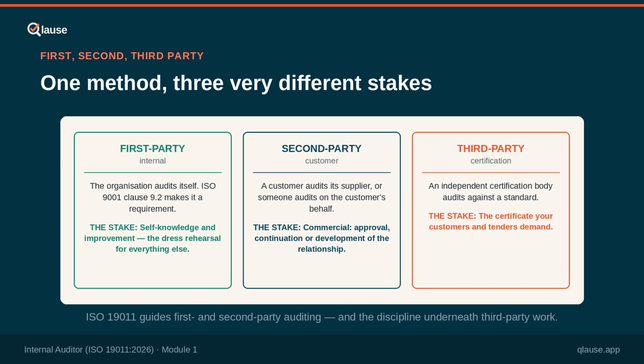A third-party audit is an independent certification body auditing against a standard, and the stake is the certificate your customers and tenders demand. ISO 19011 gives guidance for first- and second-party auditing, and it carries the discipline that sits underneath third-party work as well. One method serves all 3, which is why an internal auditor trained properly to this standard is never surprised by what a certification auditor does.